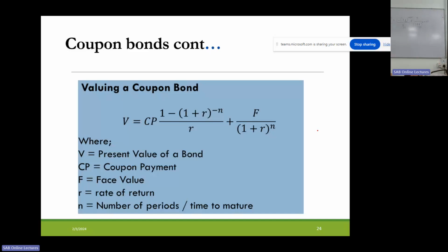So if it is semi-annual, the coupon you have to divide by 2, r you have to divide by 2, and n you have to multiply by 2. As in the time value of money, with more frequent compounding per year, you have to adjust the formula like this. M is the compounding frequency or the coupon frequency per year.